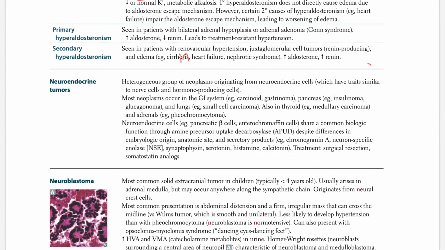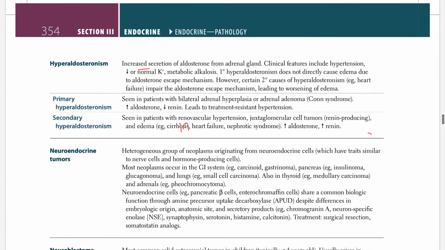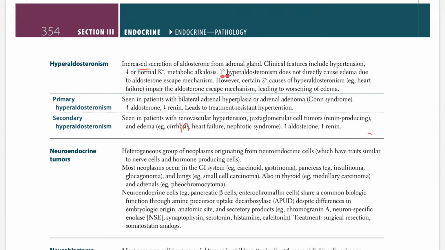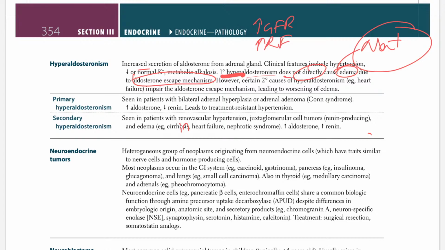Okay. So here, again, we said the primary hyperaldosteronism does not directly cause edema due to aldosterone escape. And why doesn't it cause edema? Because it's excreting sodium. And why is it excreting sodium? Due to the fact that you have increased GFR, increase in renal blood flow, and increase in ANP, all of which are causing increase in sodium excretion.